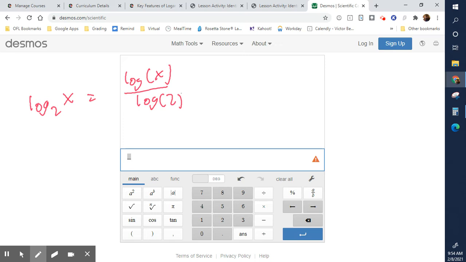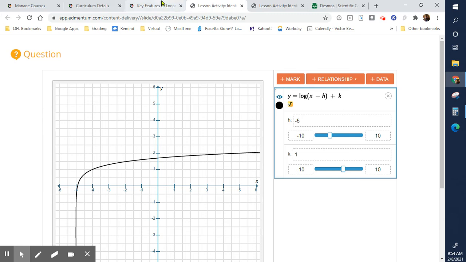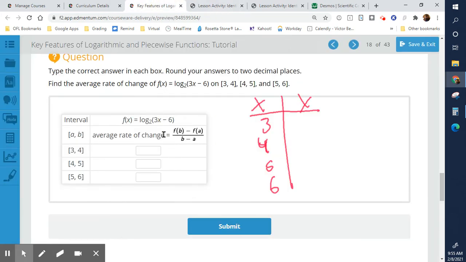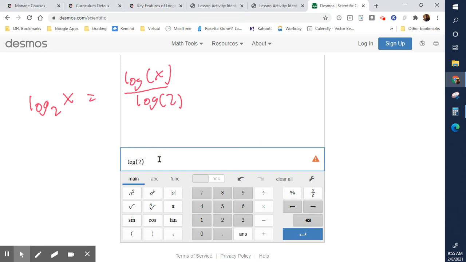So at the bottom here, we're going to have log of 2. On the top, we need to write our argument. In this case, our argument isn't just x, it's 3x minus 6. So I'm going to write this as log 3 parentheses minus 6. In this case, oops, what happened here? Oh, I held down the shift key.